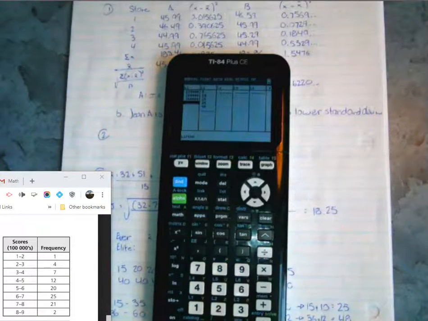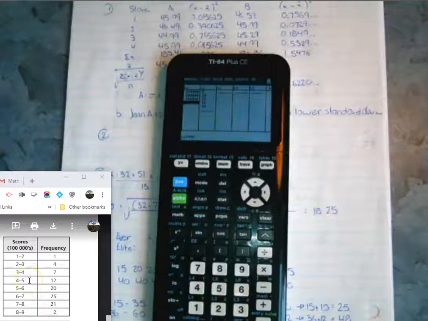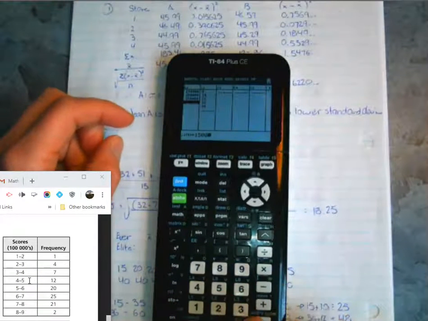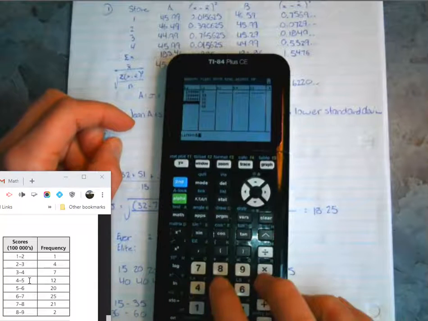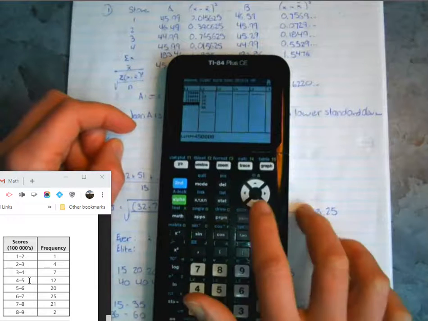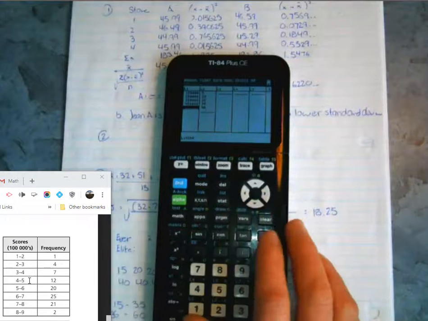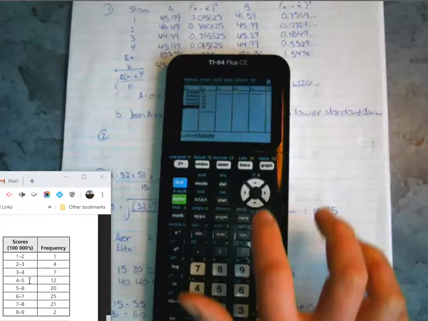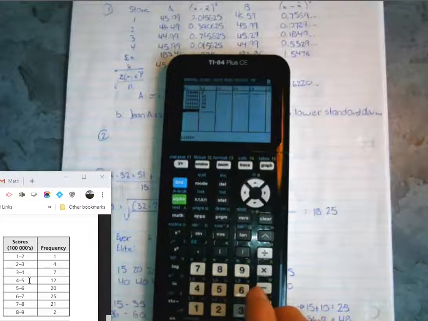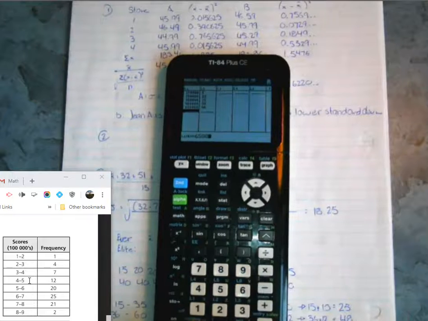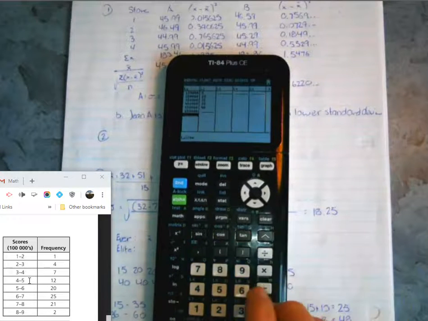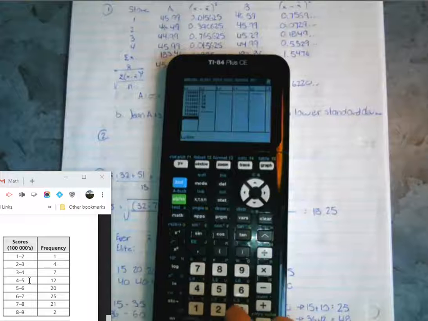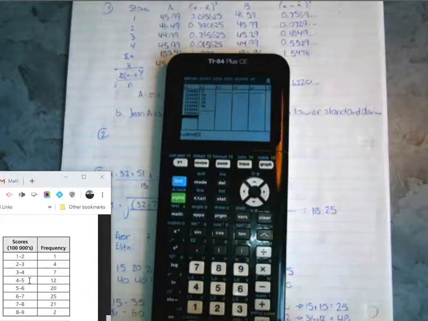Okay, sorry about that, I just had a little interruption there. Okay, so we're going to carry on. It's going to be 450,000, then 550,000, and then 650,000, and 750,000, and the last one is 850,000.